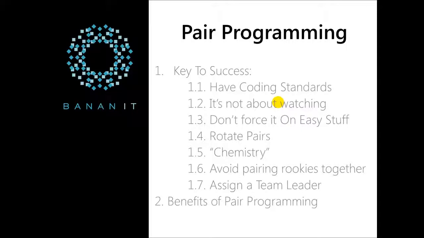If the pair of programmers are all the time fighting about the coding standard or coding style, or always having disagreements on that, then most of the time is gone on nonsense. You have to have a standardized coding style at first. It should be agreed upon within the team or the pair, and then they can start development or coding.